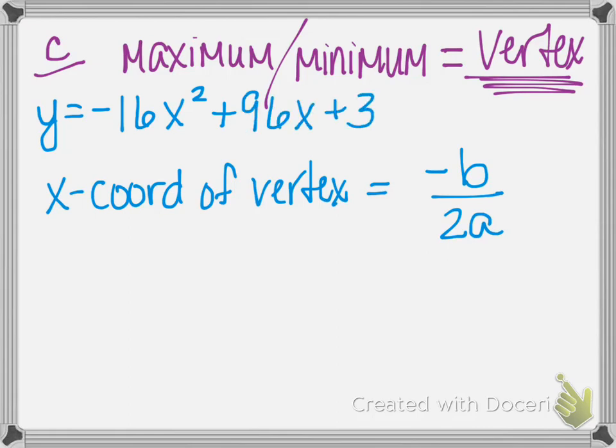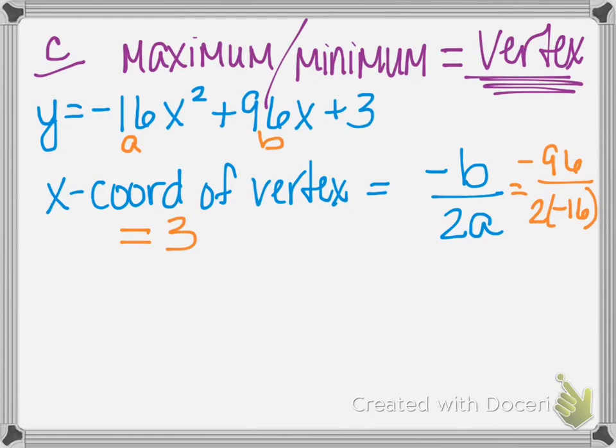So this is negative 96 divided by 2 times negative 16. So the x-coordinate of the vertex is equal to 3.